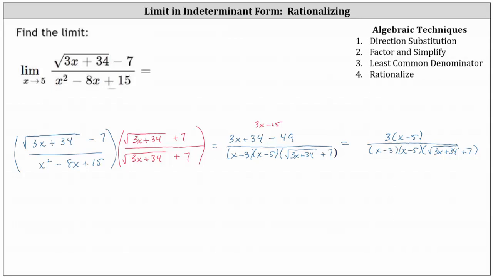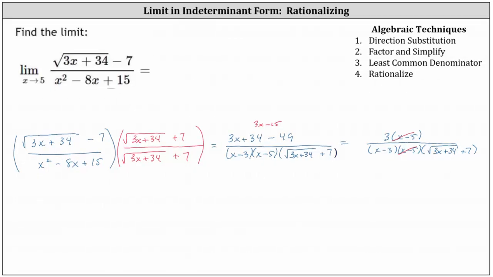By simplifying out this common factor, we're removing the hole in the original function at x equals 5. So now the simplified function will be continuous at and around positive 5, and we can use this simplified function to evaluate the original limit.